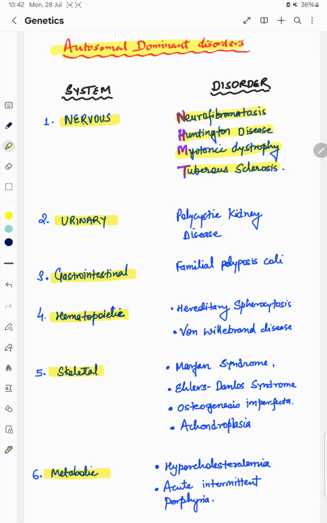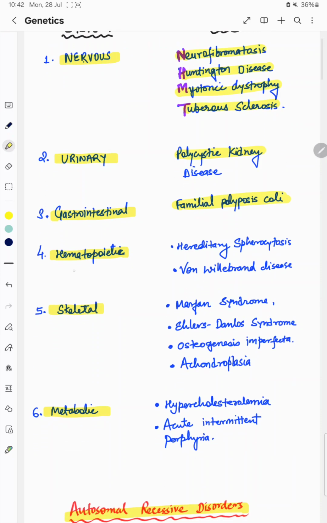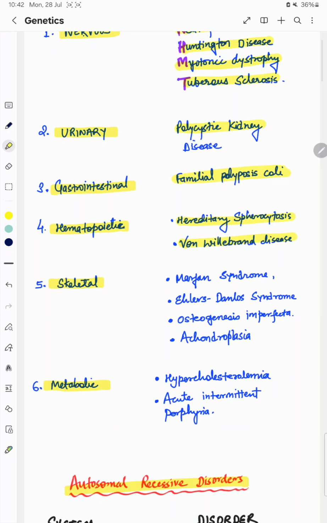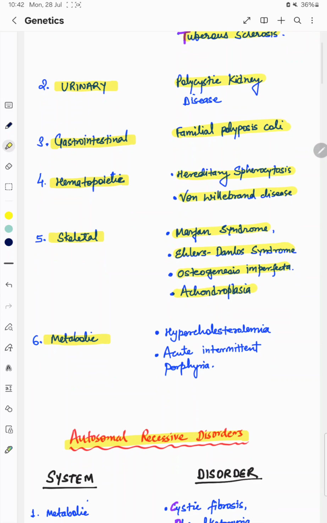In the urinary system, polycystic kidney disease. In GI, familial polyposis coli. In the hematopoietic system, hereditary spherocytosis and von Willebrand disease. In the skeletal system, Marfan syndrome, some variants of Ehlers-Danlos syndrome, osteogenesis imperfecta, and achondroplasia.